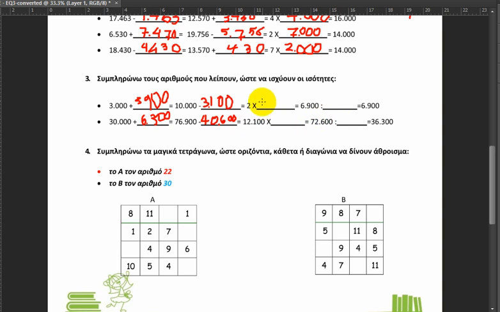Now, for the multiplications, I need to think 2 times what makes 6,900, and this would actually make sense for you to do as a vertical division, because it's not that easy to figure out necessarily.